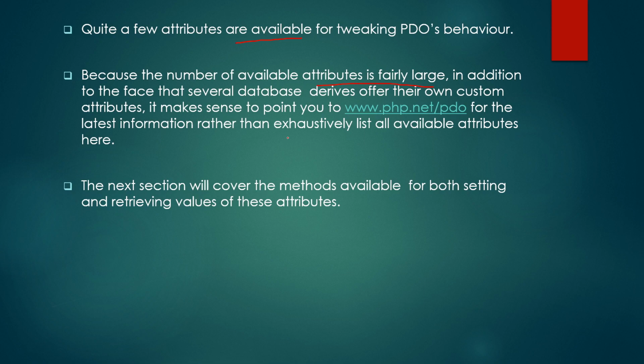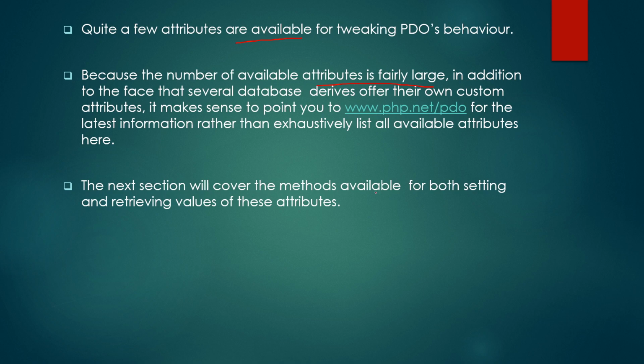Instead of remembering them, you can go to this URL, where you can find all the attributes and their descriptions, meaning why they are used. Instead of mugging it up, you can just go to this website and see the attribute and its description. That would be a better choice.